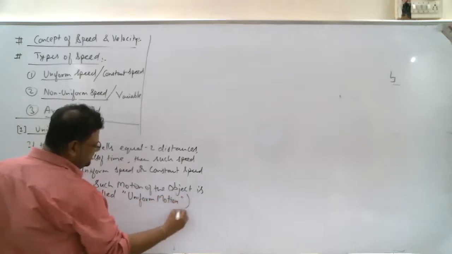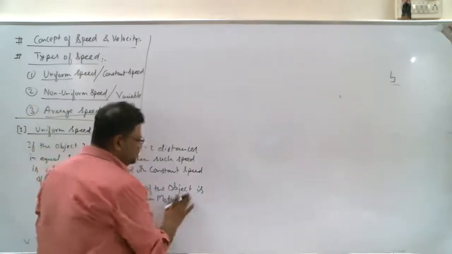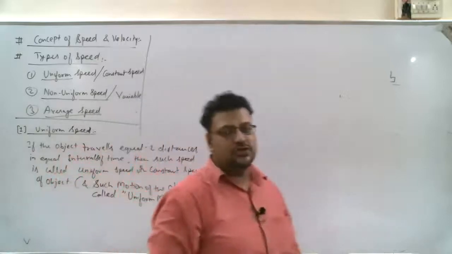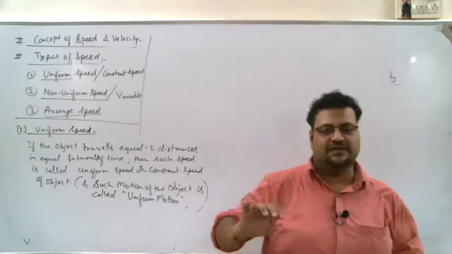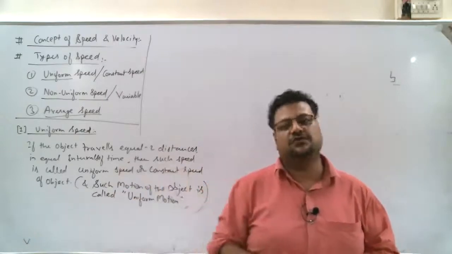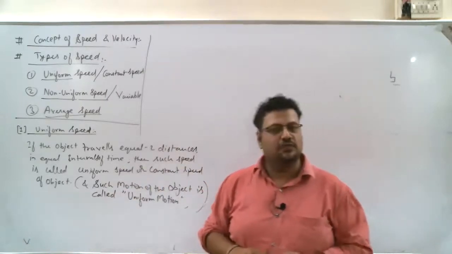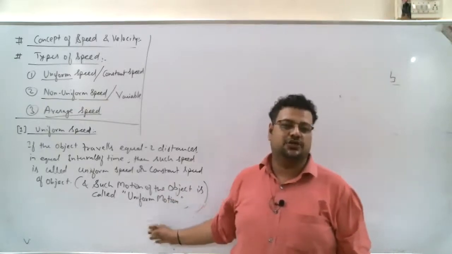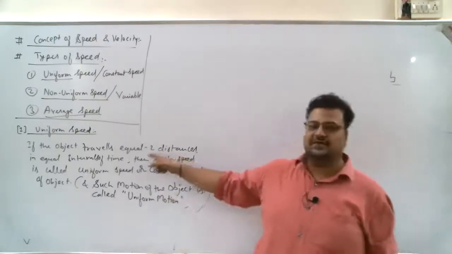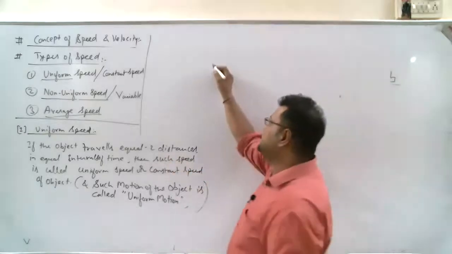Uniform speed itself describes the motion as uniform. What is uniform motion? If the motion is constant throughout the duration, at whatever duration you are observing, if the motion does not change, we say the motion is uniform. Simply, the object travels equal distances in equal intervals of time.